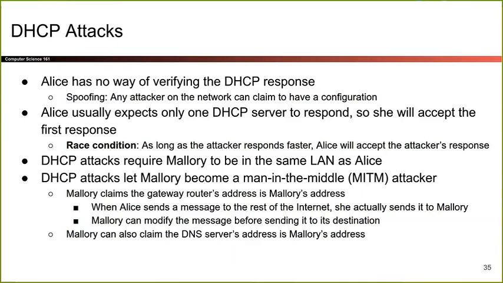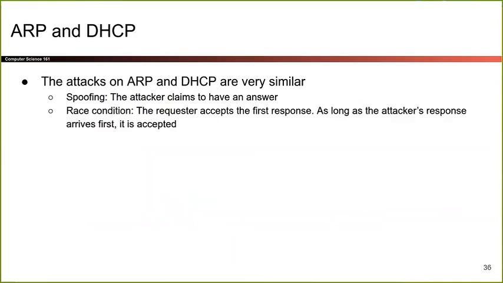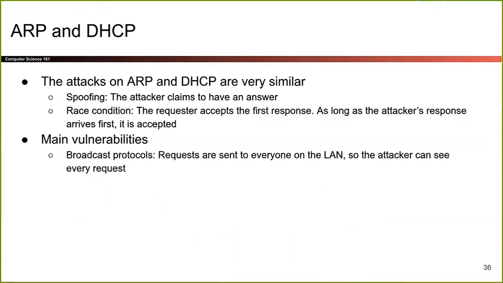So this slide is almost identical to the ARP slide because the idea is the same. So again, you spoof by claiming to have an answer even though you're an attacker, and you exploit a race condition where the first response is always taken, so just make sure that your response arrives first. And the reason why ARP and DHCP are so similar and have the same vulnerabilities is because they're both broadcast protocols.